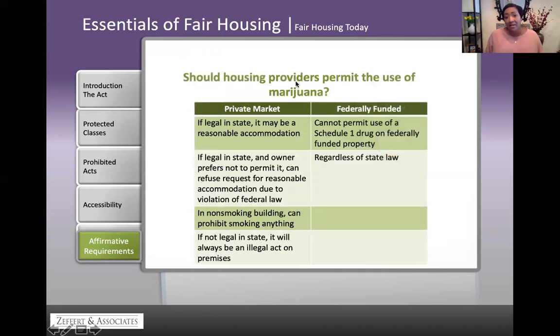So bottom line is, should housing providers permit the use of marijuana? Here's what the private market says. We'll start with that one first. If it is legal in a state, it may be made as a reasonable accommodation. This is in the private sector. If legal in a state and the owner prefers not to permit the use of marijuana, they can refuse the request for reasonable accommodation.